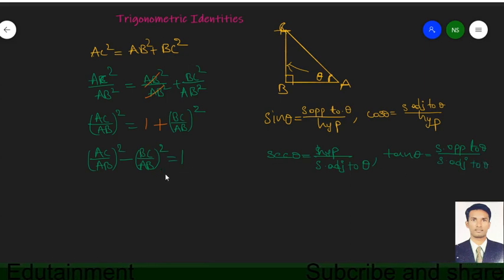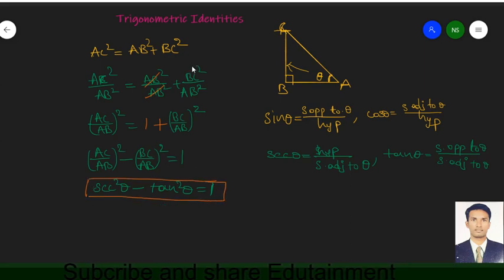So based on these two, we can write secant square theta minus tan square theta equals 1. So we got the second identity also.